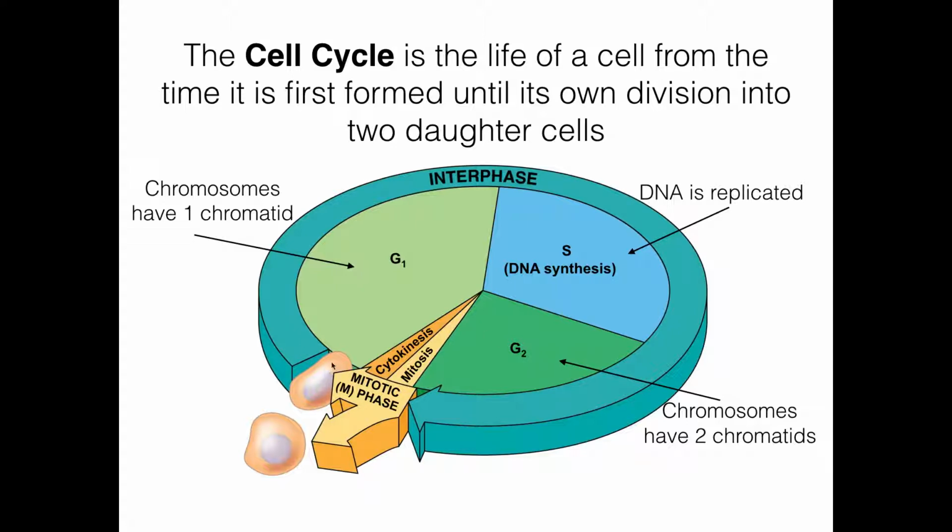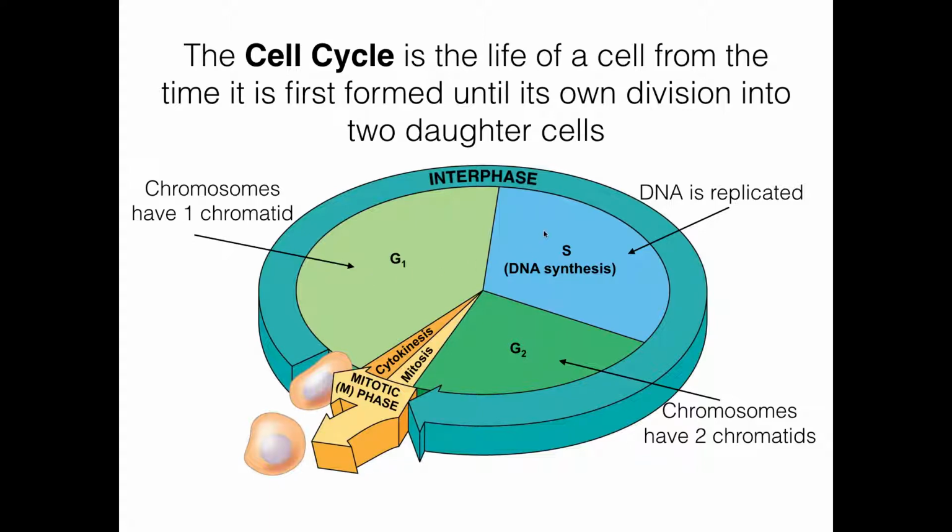At the start of a cell's life, it has just divided. It's small, it's young, it's fresh. It needs to grow before it can divide. And so during G1, it is mostly just growing. During G1, the chromosomes are one chromatid each. The DNA has not yet divided.